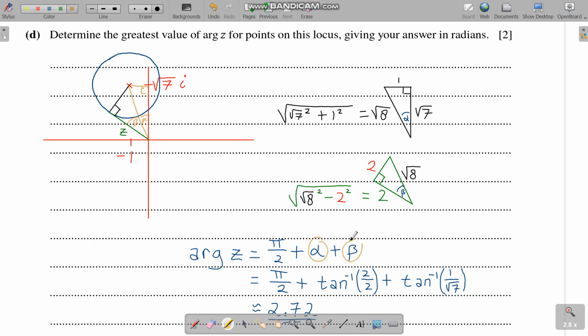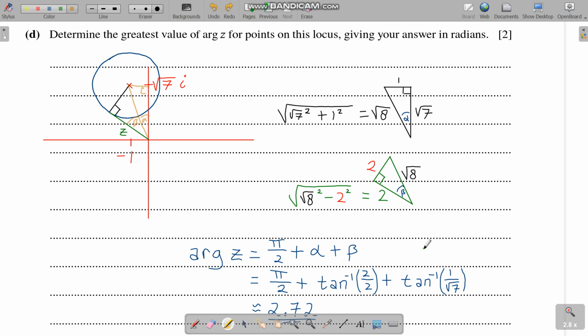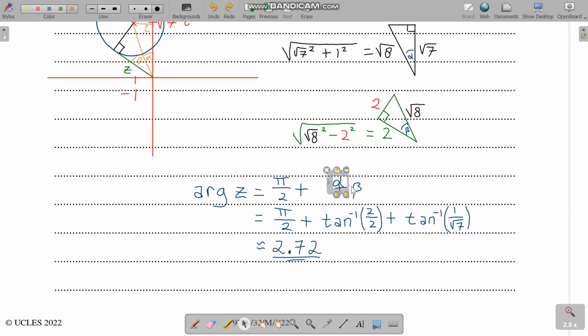To find alpha and beta, we can use inverse tangent, inverse sine or inverse cos. If we are using inverse tangent, we use opposite over adjacent, so inverse tangent of 1 over root 7 for alpha. For beta, that's inverse tangent of 2 over 2. Actually, this one is beta and the other one is alpha. Just use a calculator and we'll get the final answer. Alright, I'll see you again next time.